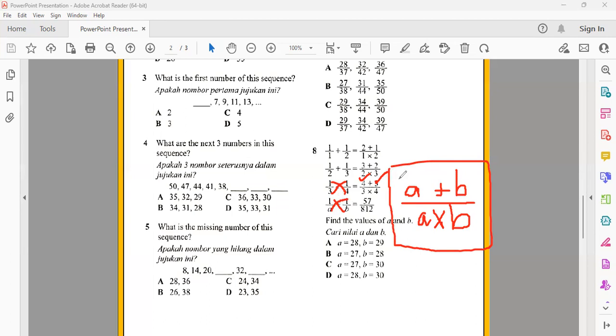Because this is 1, right? So 1 times A is 1A, plus 1 times B it's 1B. Anything times 1 is still itself. You don't have to literally write it. But at the bottom, it's going to be A times B. Now, how are we going to find it? Given all these values, what you do is trial and error.